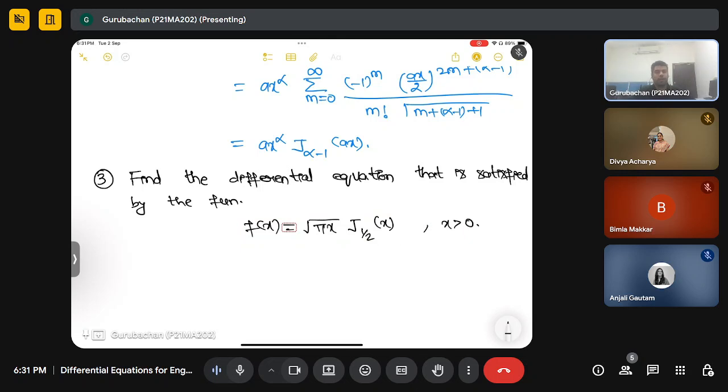We want to find out the corresponding differential equation to which this function will satisfy.